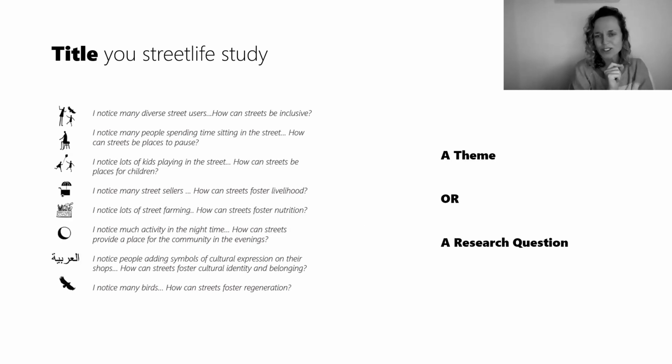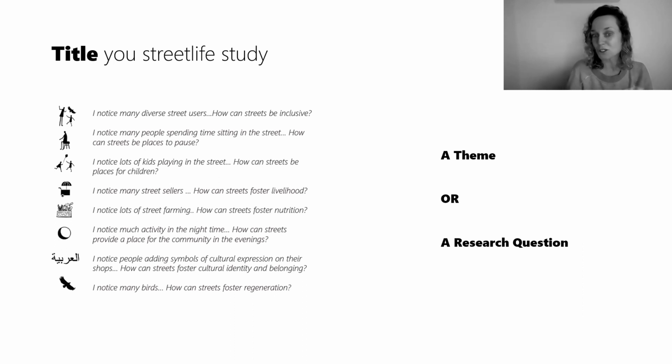To help you focus your study and communicate the focus of your study, we suggest that you all give your street life study a name or a title. That title can be generated by thinking through what you are noticing. For example, I notice many diverse street users in the case study that I'm looking at.